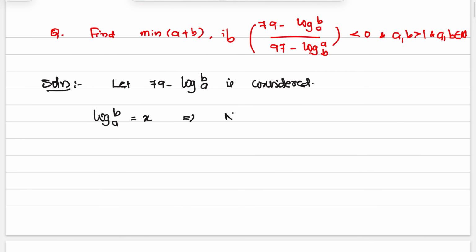Then what will be the numerator? The numerator will be 79 minus x. What will be the denominator? To find out the denominator, it is not log b to the base a, it is log a to the base b. We have to find out what log a to the base b is equal to.